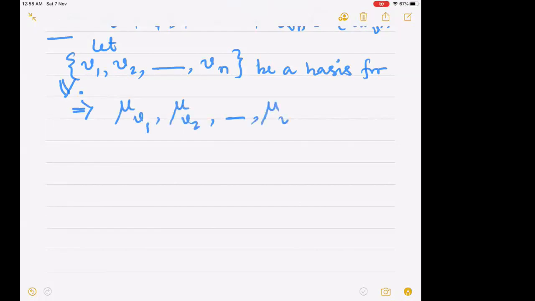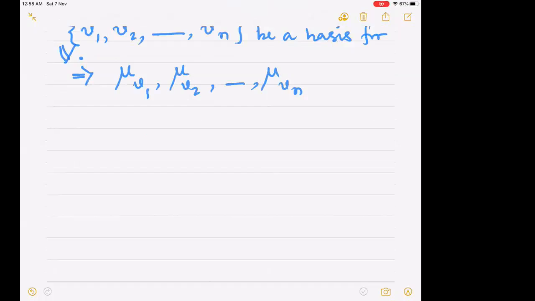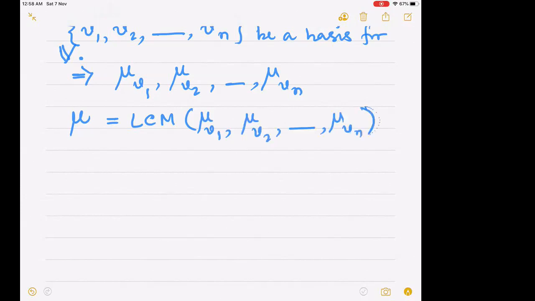There will be n such polynomials, right? The thing is, the minimal polynomial of the operator A must then be the least common multiple of these minimal polynomials with respect to the vectors in the basis. Choose any basis, right?